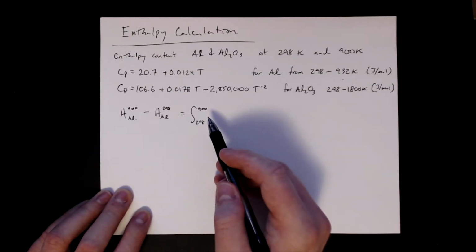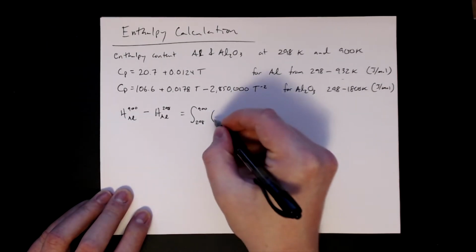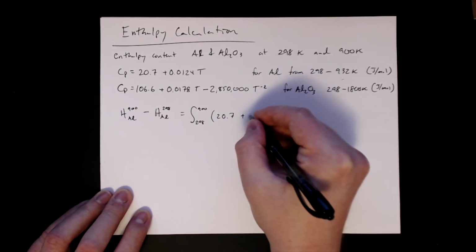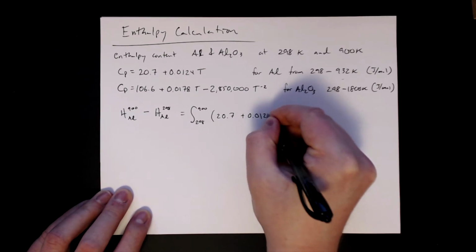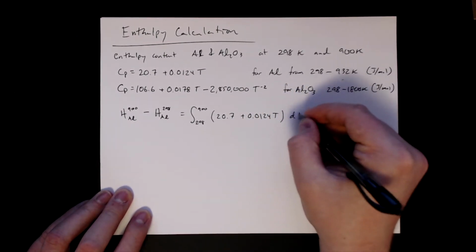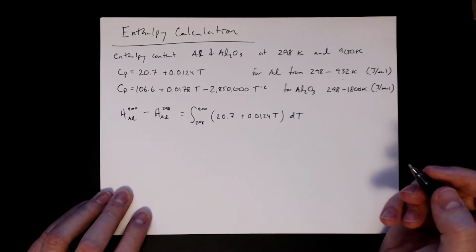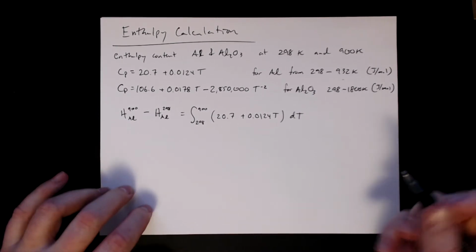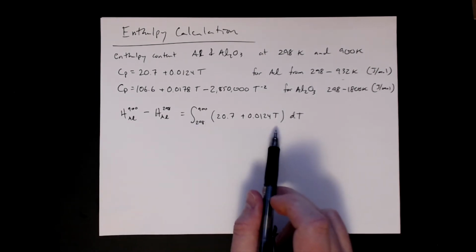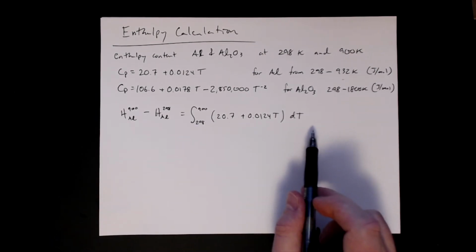So in this case, we're given that, and so we can go ahead and sub in the heat capacity. And this is the integral with respect to temperature. So basically what we need to do to solve for this is to integrate this expression with respect to temperature.